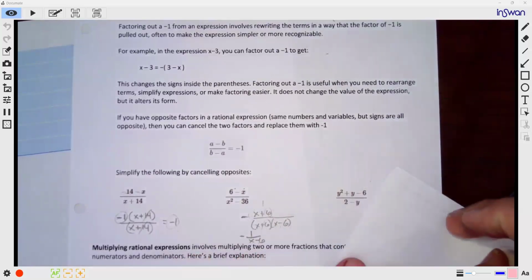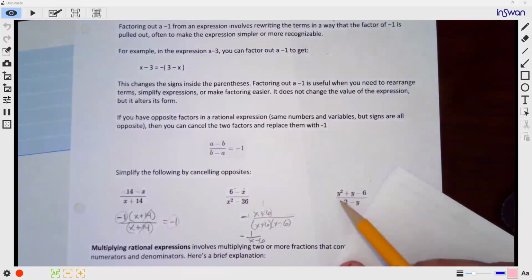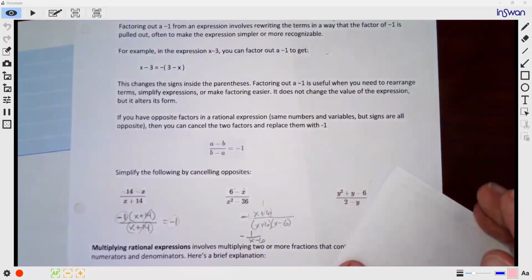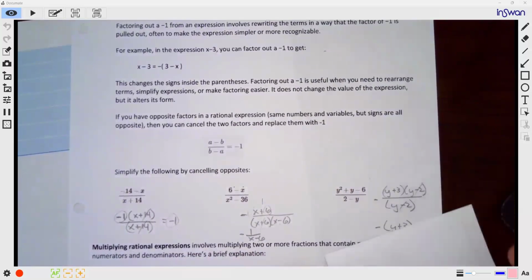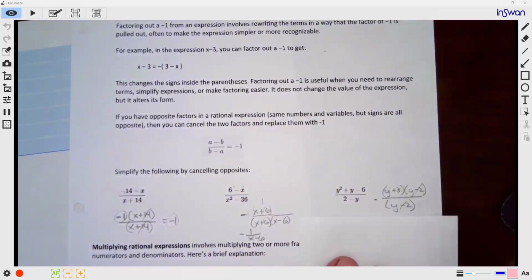Okay? So again, factoring. If I fully factor the top, you can see that I'm going to end up with a situation where I have an opposite. Because on the bottom I have 2 minus y, and on top I have y plus 2, but I can remove a negative sign, and I can rewrite the term where the signs flip.